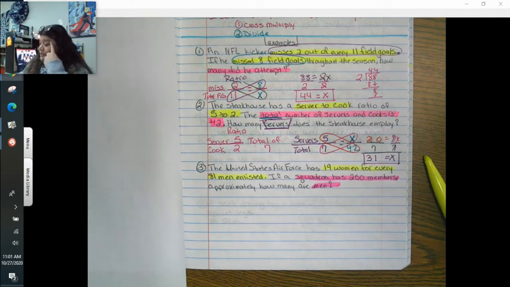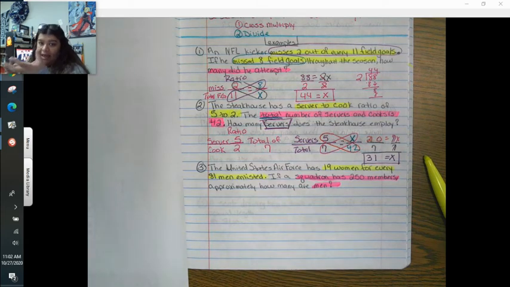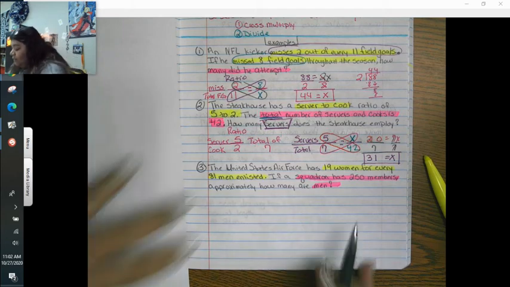Okay. So in this one again, they gave me a ratio of women to men. However, the other information they gave me is now I'm looking for a squadron. You know what a squadron is? It's the whole thing. It's the men and women combined. So I have to figure out men and women combined.